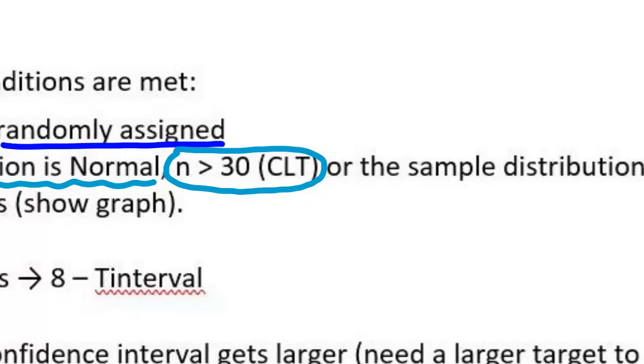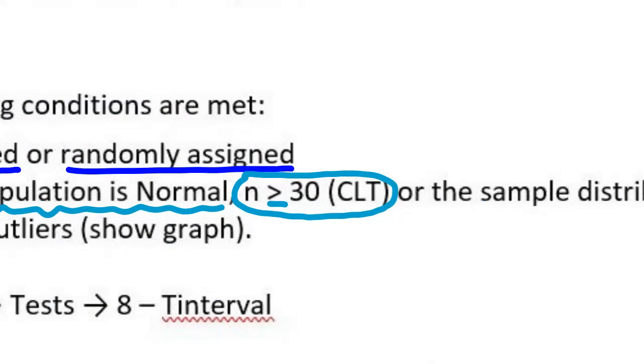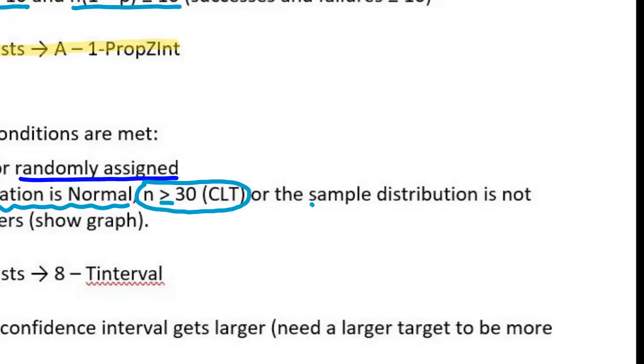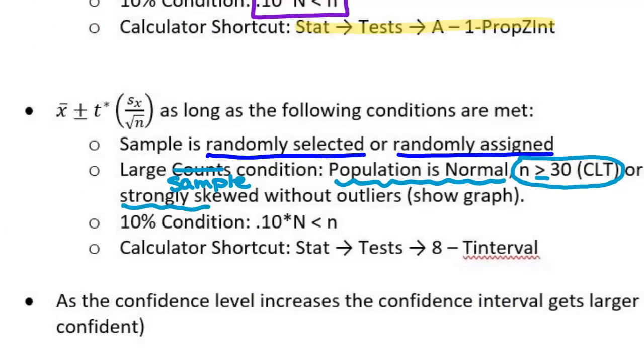It is not enough to just say we are greater than or equal to 30 on our sample size. You also have to state why that means it would be approximately normal. So you do have to reference the central limit theorem or the CLT. Or the sample distribution is not strongly skewed and it is without outliers. You have to show a graph.